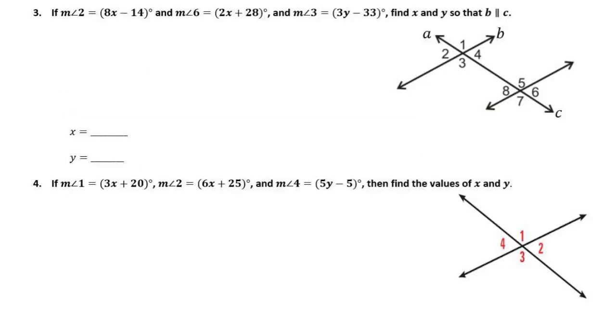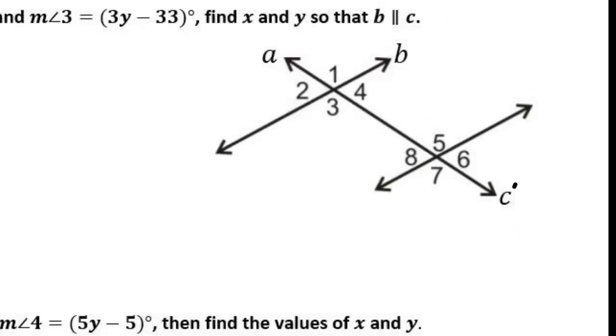If the measure of angle 2 equals 8x minus 14, and the measure of angle 6 equals 2x plus 28, and the measure of angle 3 equals 3y minus 33, find x and y so that line B is parallel to line C. The first thing I want to tell you is that line C is in the wrong spot.